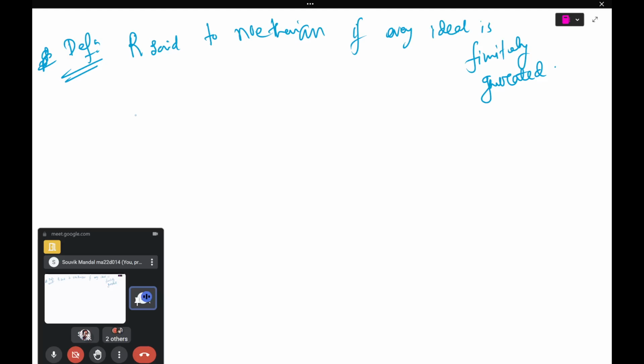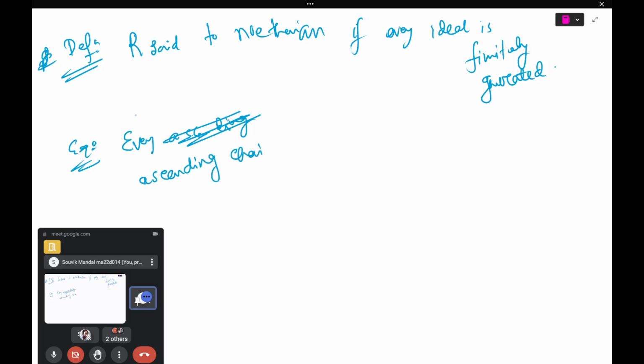So that is one definition, and equivalently, every ascending chain of ideals stabilizes.